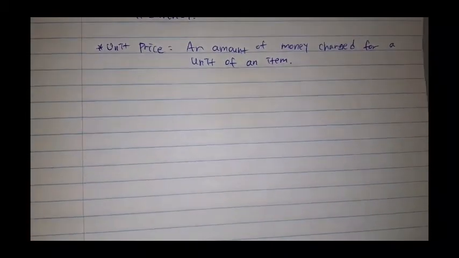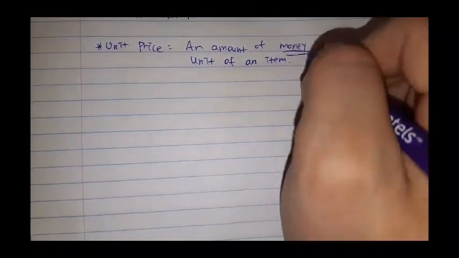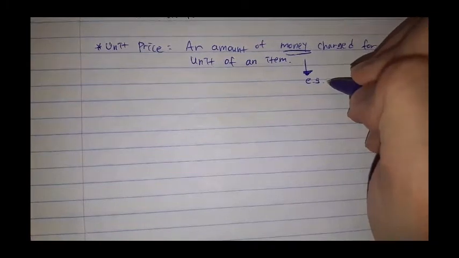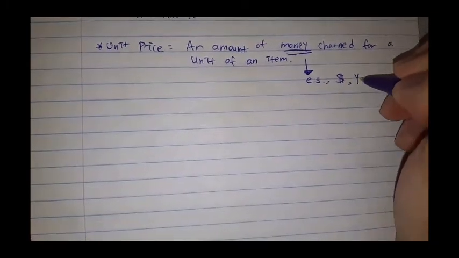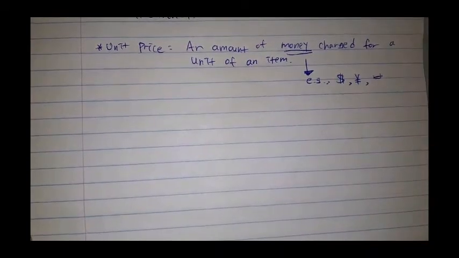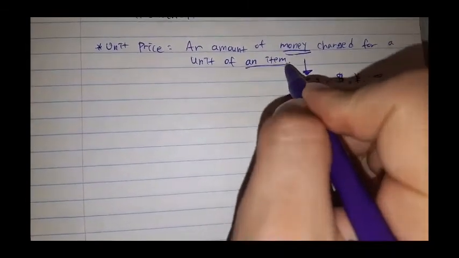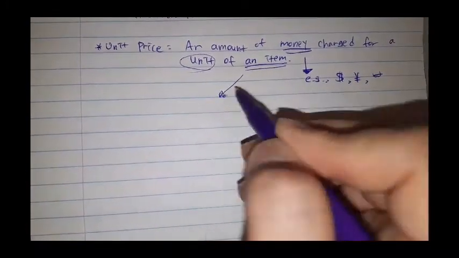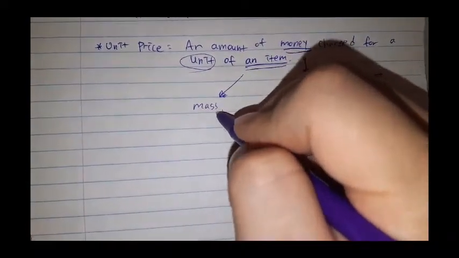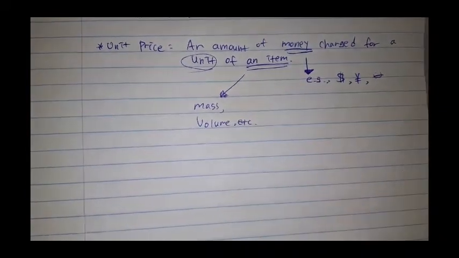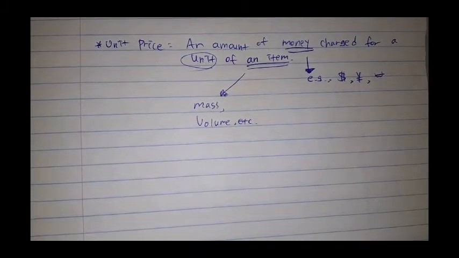When it comes to money, people generally think about dollars, yen, or won, our Korean currency, per unit of an item. This can be any type of mass unit, volume unit, and so on, and most of the time it is basically mass.